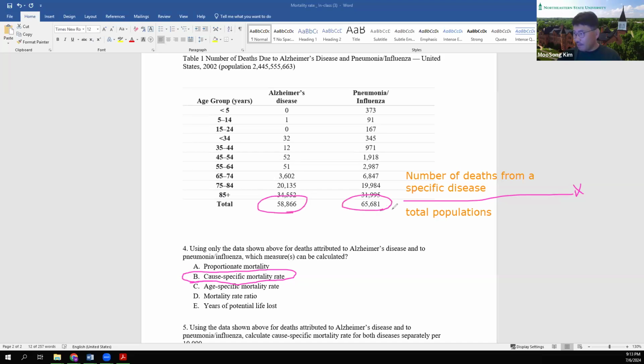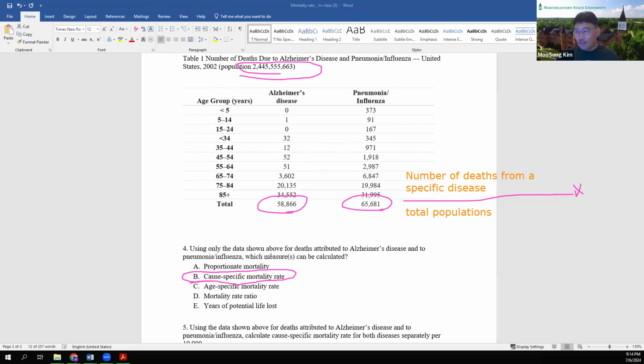And do we have a total population? Yes, here we have the total population. So using this data, we can calculate only cause-specific mortality rate.